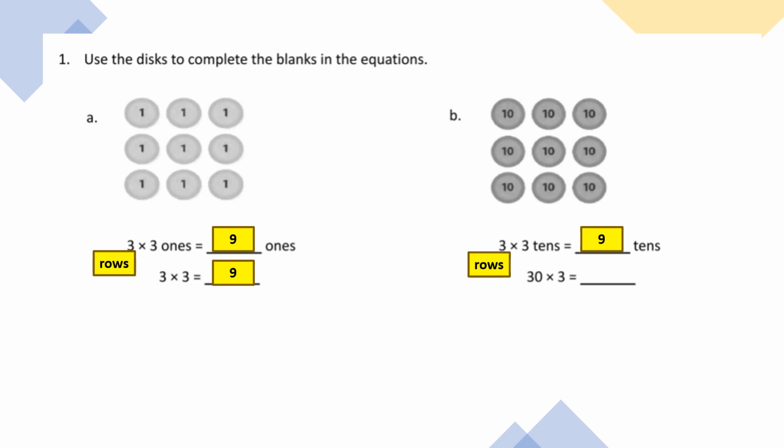Now, the great thing about multiplying by multiples of 10 is if you just focus on the first 2 numbers and multiply those first, you can just put a 0 in the ones place and that solves the equation. So 3 times 3 is 9. 3 times 30 is 90. That's it for letter B. Now, if you need to pause the video to write everything in or to check your answers against mine, go ahead and do that now.